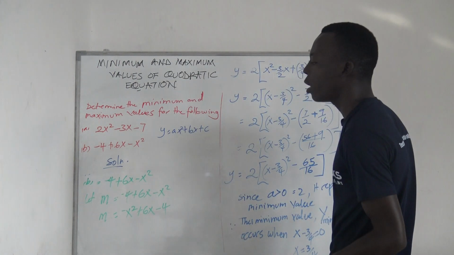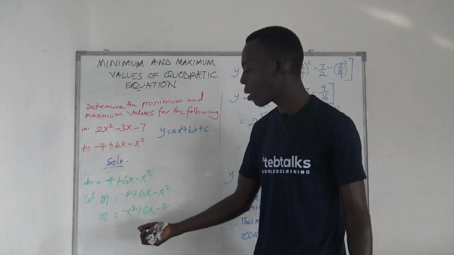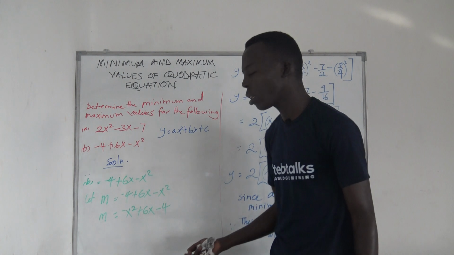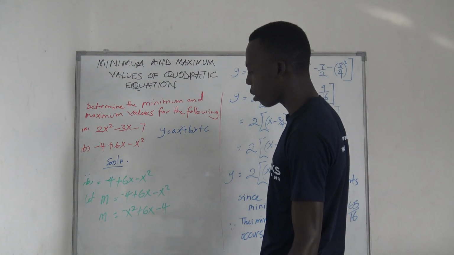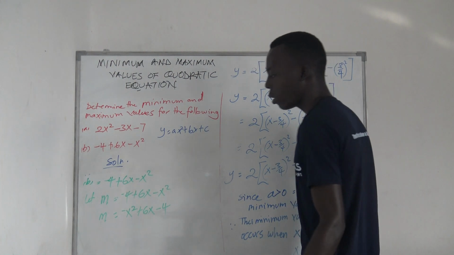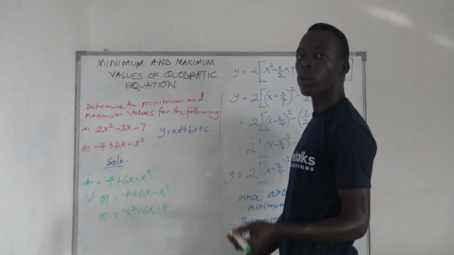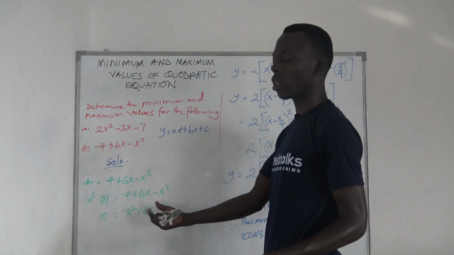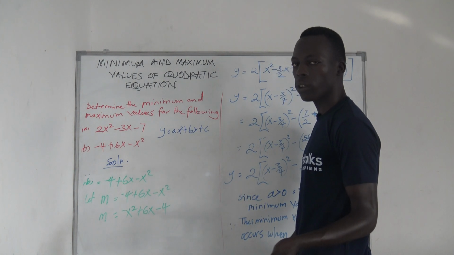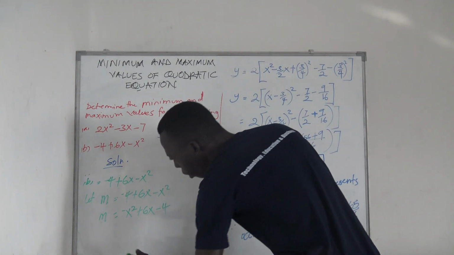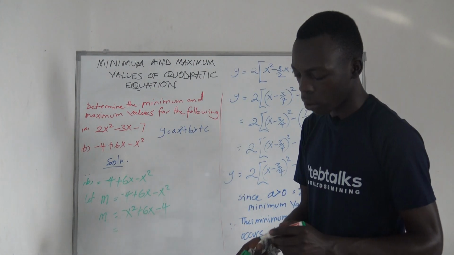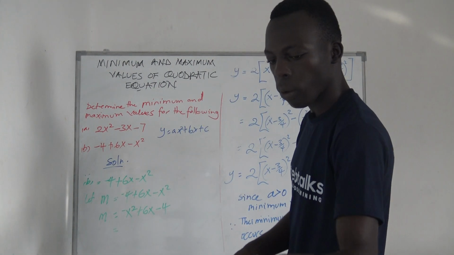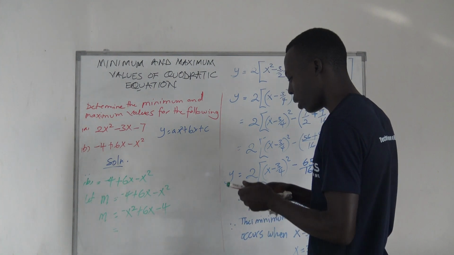We said when the coefficient is not a degree of 1, we first make it become 1 by factorizing out that value. Here it is not 1, because we have a negative. A negative value is not the same as 1. So we are factorizing out the negative 1.